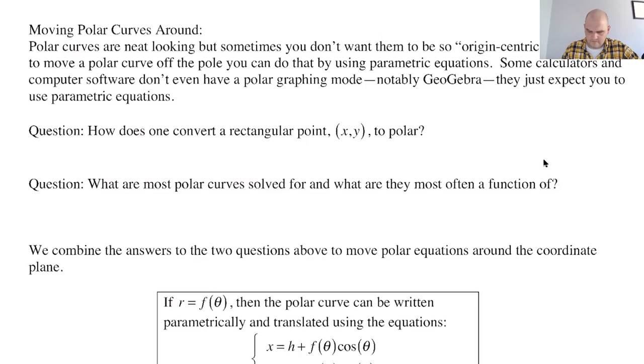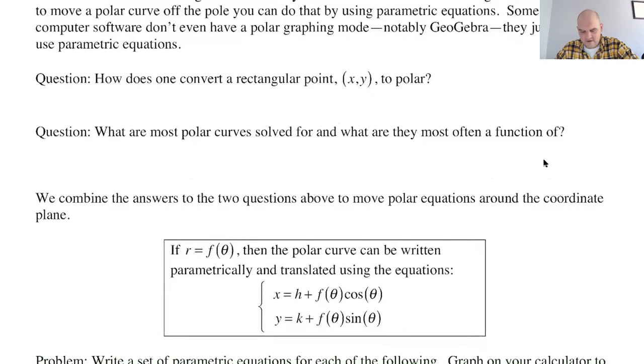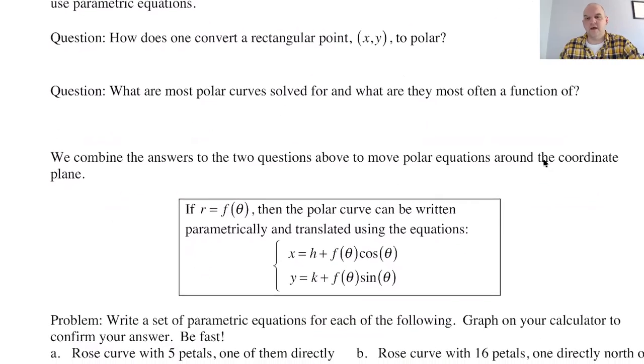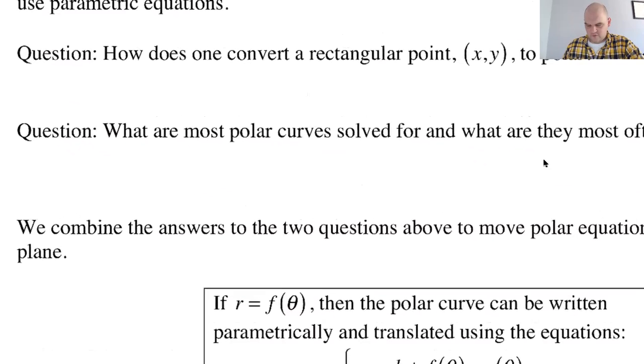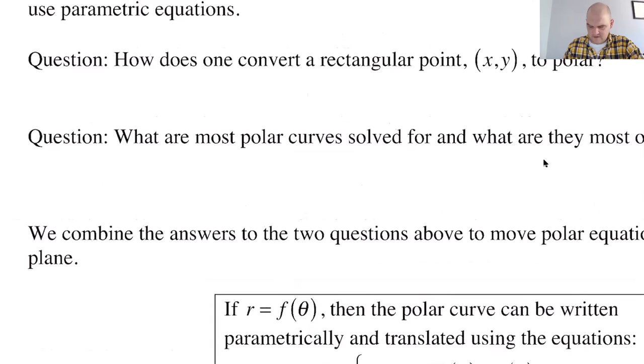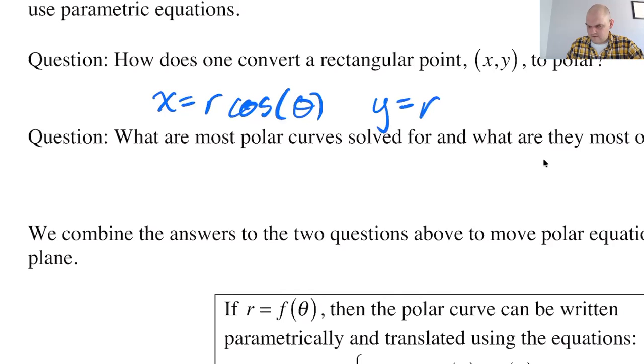So, how does one convert a rectangular point x, y to polar? It might feel like a weird question, and maybe you don't immediately think, oh, I know how to do this. But we've been saying over and over again that x is r cosine theta, and that y is r sine theta.